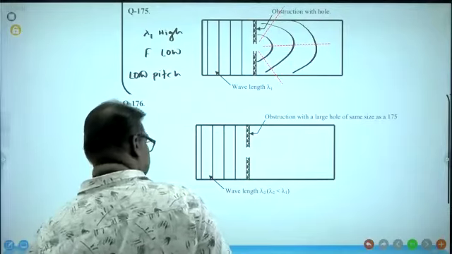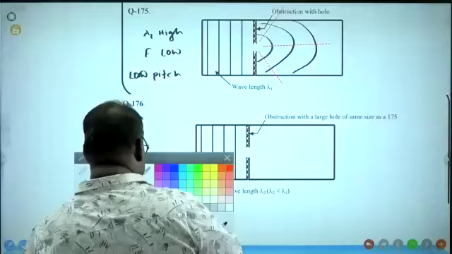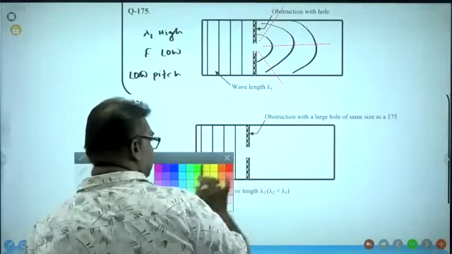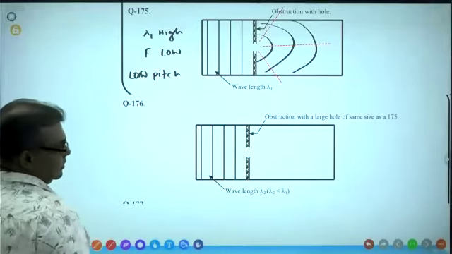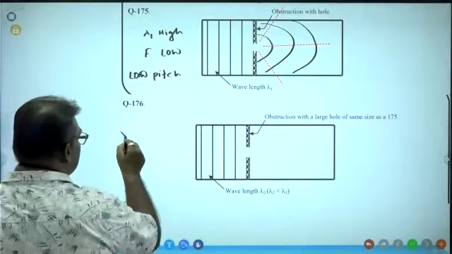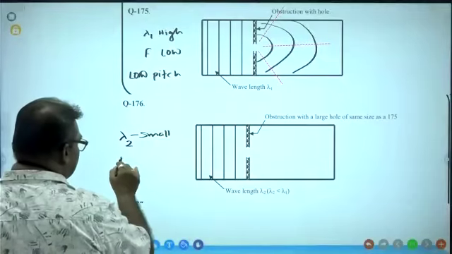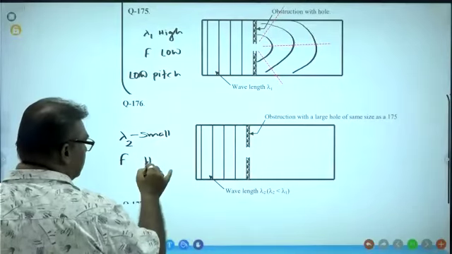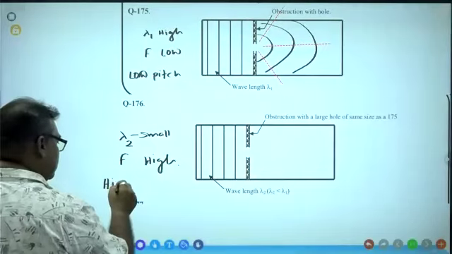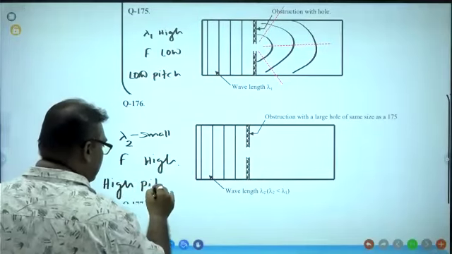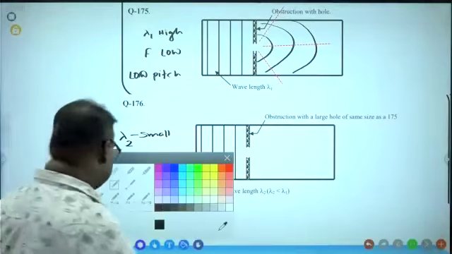And here, same hole, but let's see the wavelength here. Wavelength is small, no? Lambda 2 small. Then frequency is high. This is called high pitch. High pitch sound is having poor diffraction.